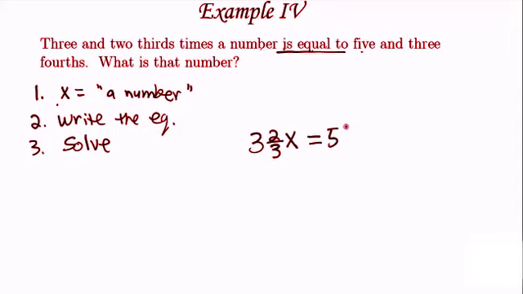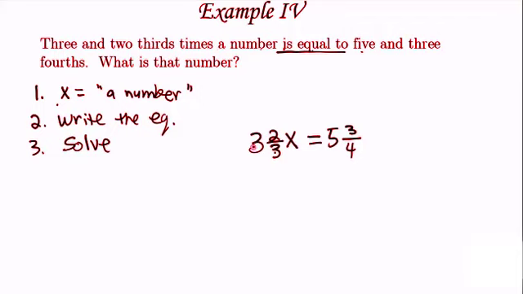Before I go on to solve an equation, I always go back and double check. 3 2/3 times a number, so times x, is equal to 5 3/4. Now, as I did in the previous example, I need to change these into improper fractions to make them easier to work with using the multiplication principle.